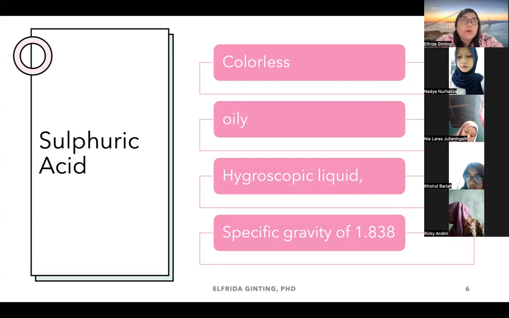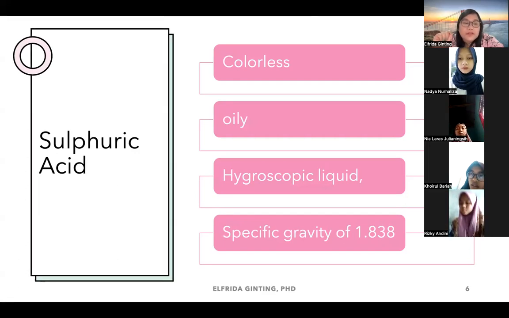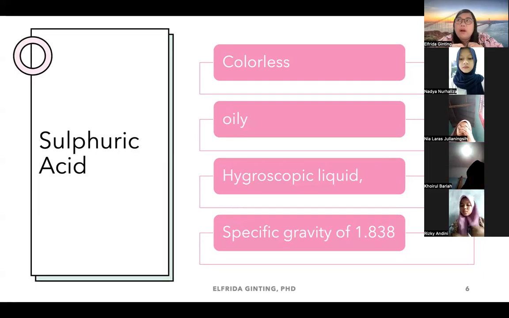So I guess you guys have already gone into the lab and looked directly at sulfuric acid, right? Of course, you cannot touch it because this is a strong acid. But based on what you see, you know that sulfuric acid is quite different from water, because water is more clear.